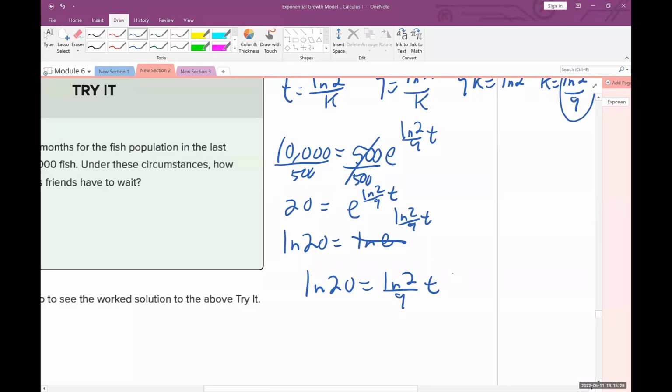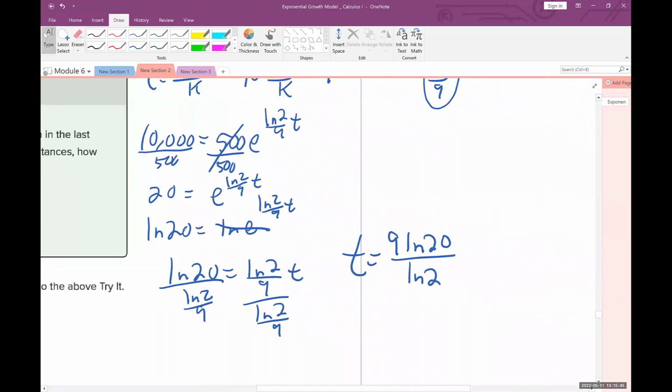And now what? So t would be 9 natural log of 20 over the natural log of 2. And what would that be? Anyone know with the calculator? What's that? Good, 38.9.